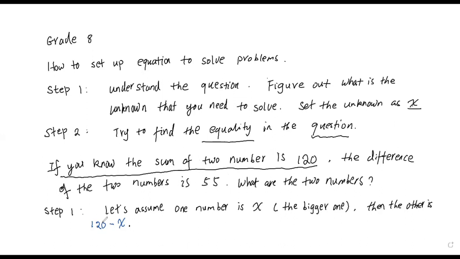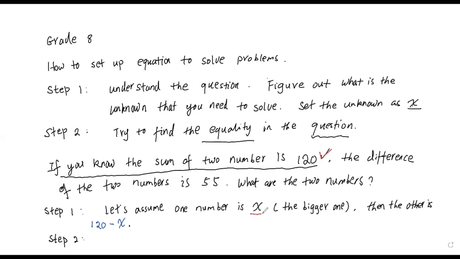And then the second step is you try to figure out the equality. Problem solving using equations involves trying to use all the given conditions in the question. So I used the first one, we already made use of it.